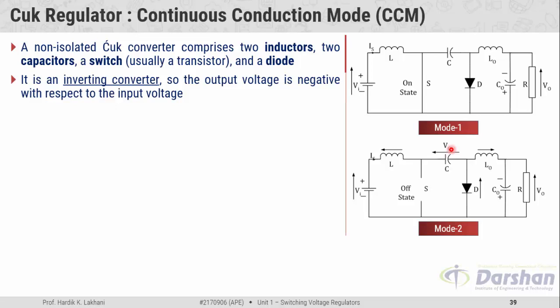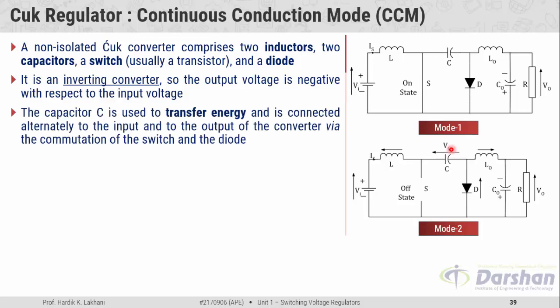It is an inverting converter, which means that the output voltage is negative with respect to the input voltage. The capacitor C is used to transfer the energy and is connected alternately to the input and to the output of the converter via commutation of the switch and the diode.